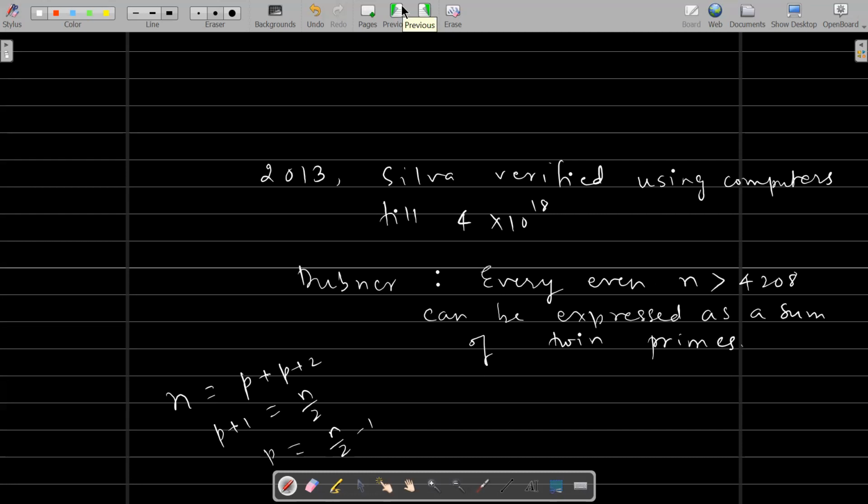But sir, what if n is an even number but not a multiple of 4? Then n upon 2 would be odd, and n upon 2 minus 1 would be even. Yes, surely. So I think the statement is not quite correct.